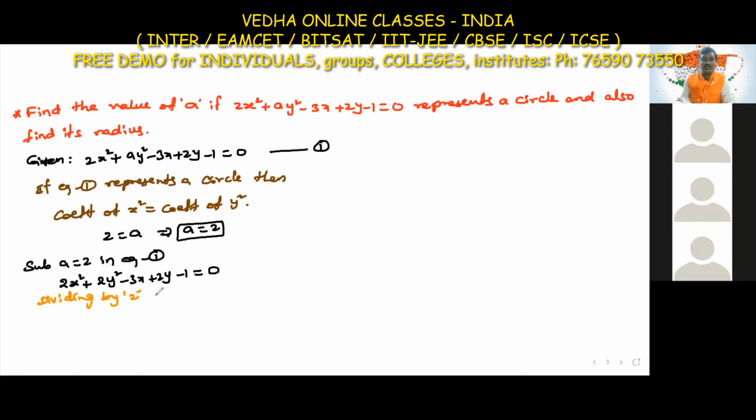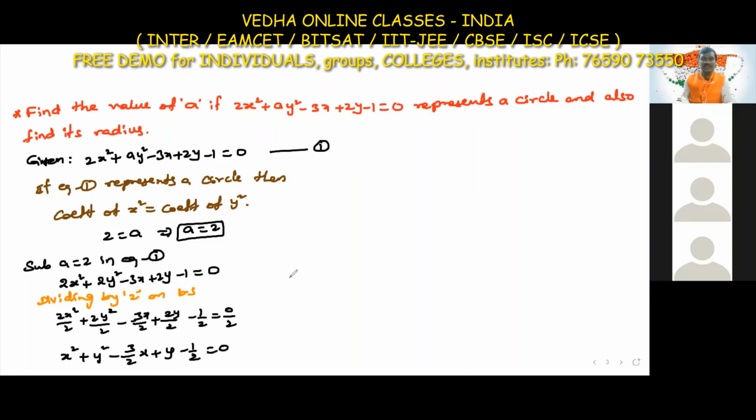If we divide by 2, then 2x square by 2, 2y square divided by 2, minus 3x divided by 2, plus 2y by 2, minus 1 by 2 is equal to 0 by 2. I am writing step by step clearly, or otherwise you can write this step directly. The 2s cancel: x square plus y square minus 3 by 2 x, plus y, minus 1 by 2 is equal to 0.